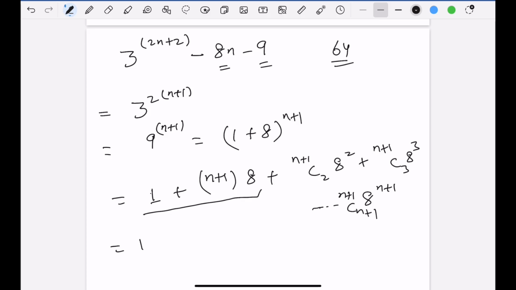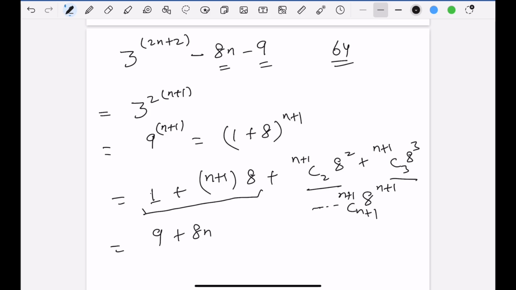If we look at these two terms, what we get is 8 plus 1, which is 9, and 8n. So we get 9 plus 8n.